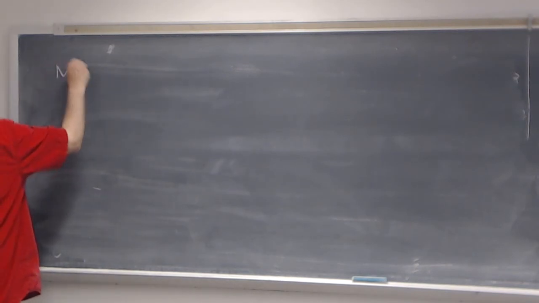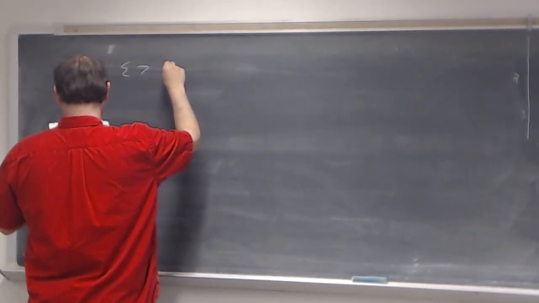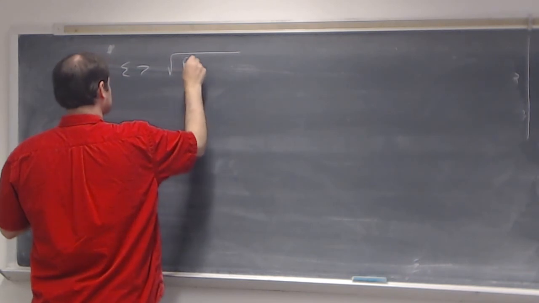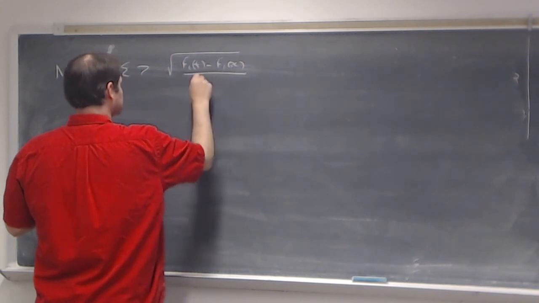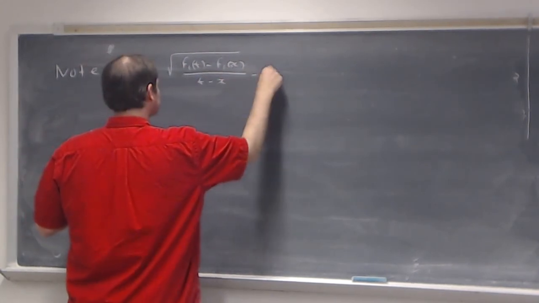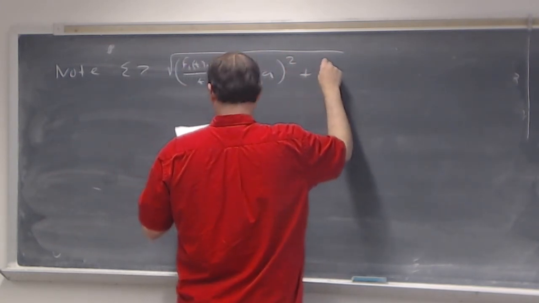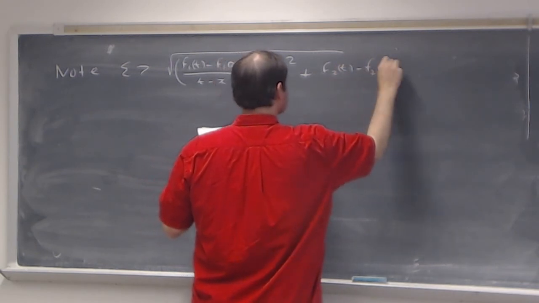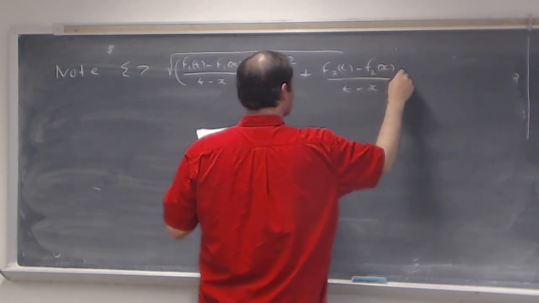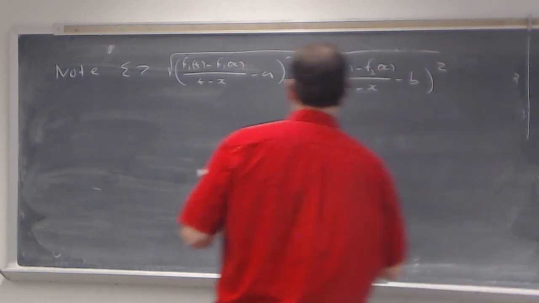So let's note that epsilon will be greater than exactly what I have written previously, so I'm going to write it down again: the quantity f sub 1 of t minus f sub 1 of x over t minus x minus a, squared, plus f sub 2 of t minus f sub 2 of x over t minus x minus b, squared. That's what we have just written.